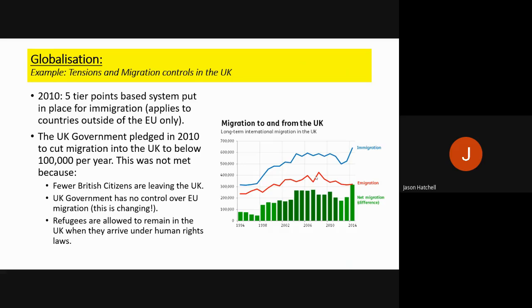However, this is changing because the UK left the EU in 2019. And refugees are allowed to remain in the UK when they arrive under human rights law. So any refugees that arrive to the UK from anywhere else do have the right to remain, and therefore it is difficult to control the amount of refugees that come to the UK.